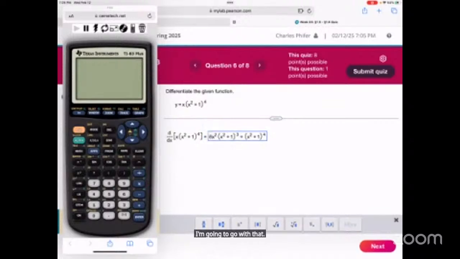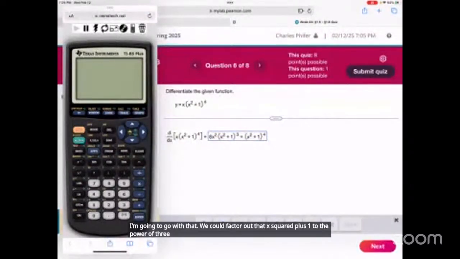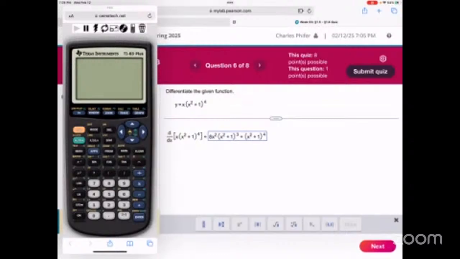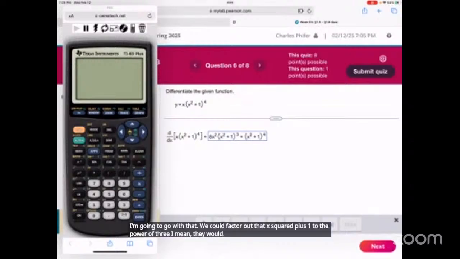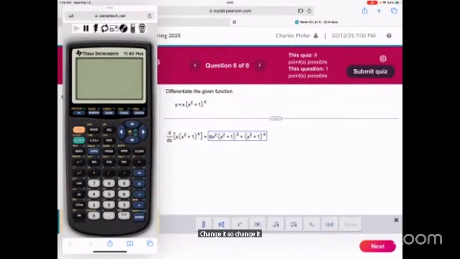We could factor out that x squared plus 1 to the power of 3. I mean, that would change it. So let me simplify it. Come on. All right. So if we factored out that x squared plus 1 to the power of 3, what's left?